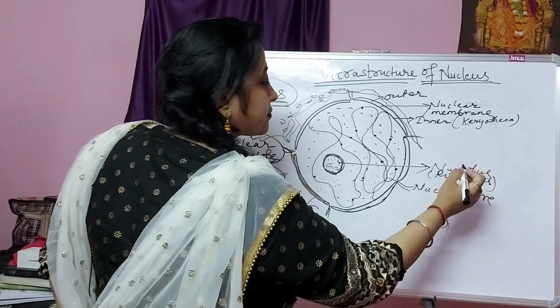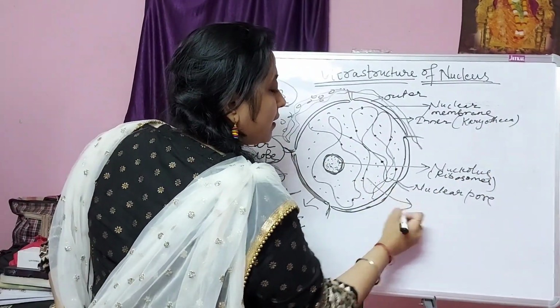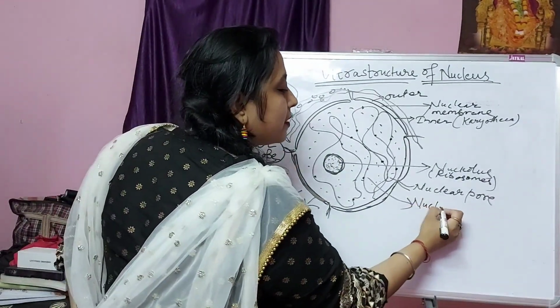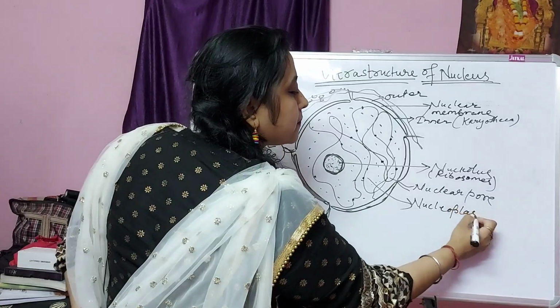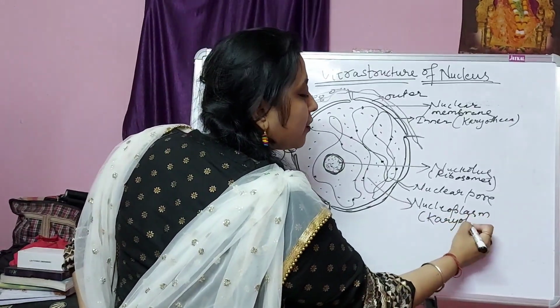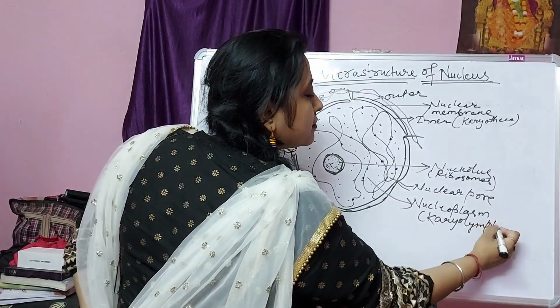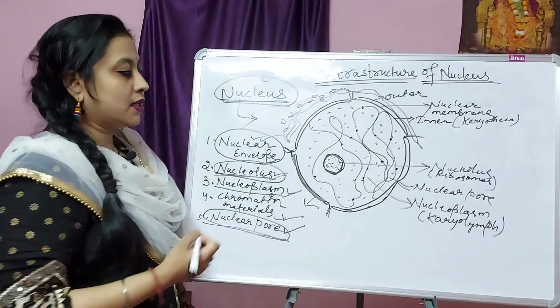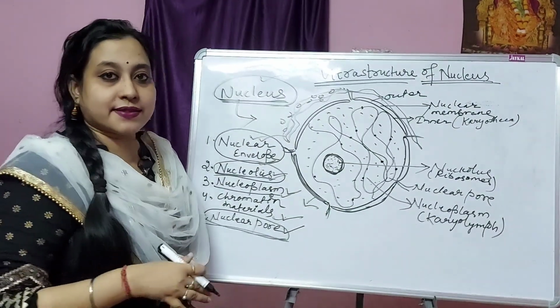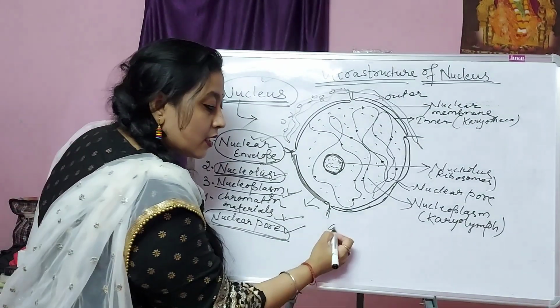Then the inner content, inner matrix of the nucleus is called nucleoplasm. The nucleoplasm is also called karyolymph or matrix. Got the point? Then this matrix contains many substances. What are the substances?